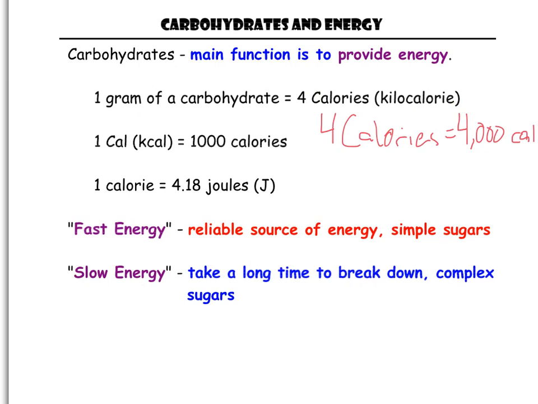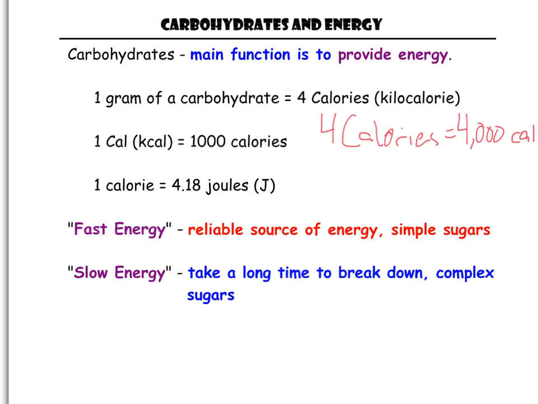So we have to be very careful with this unit, that whenever we look at a food, it will always be talking about this capital C. So if you look at food and it said it had 4 calories in it, that is actually 4,000 calories, because this capital C technically stands for kilocalorie.